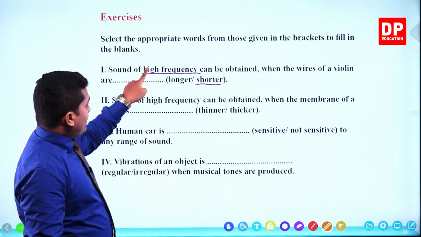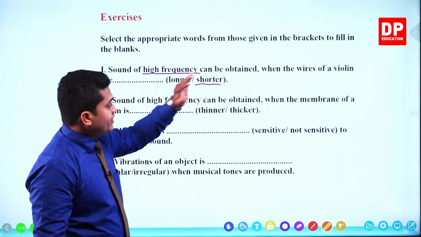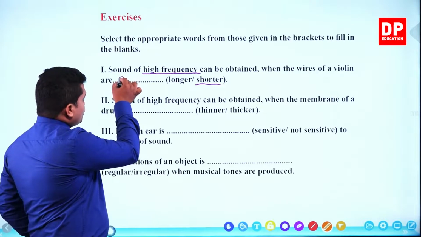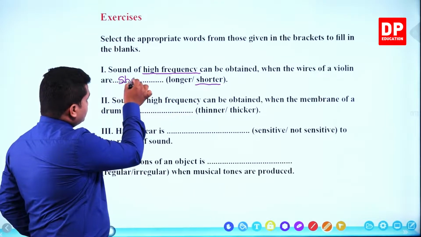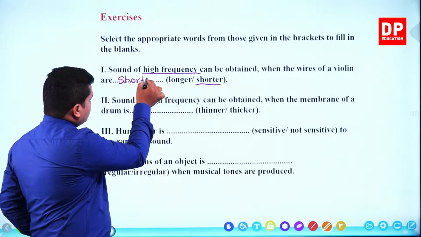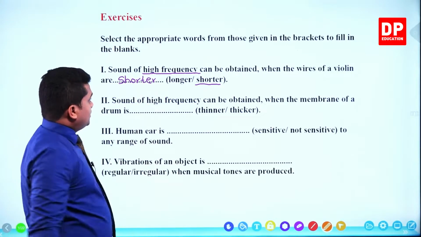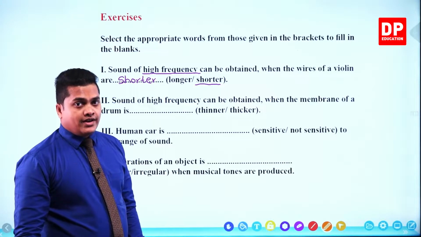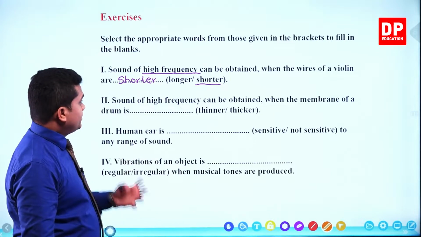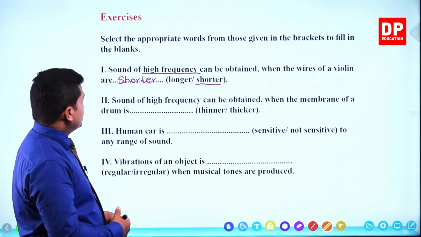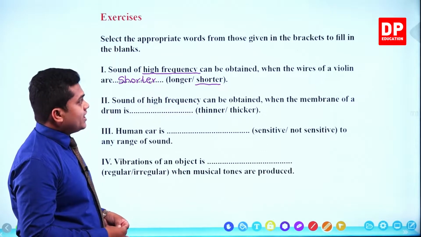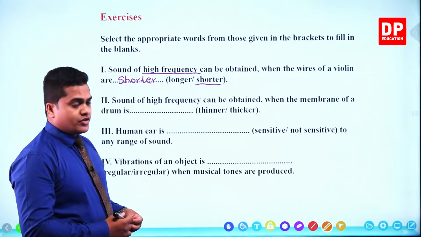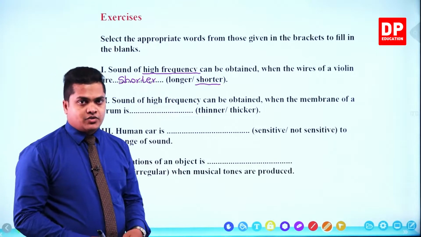So sound of high frequency can be obtained when the wires of a violin are shorter. When the strings of the violin are shorter, we can hear high frequency sounds. Right. The next question.